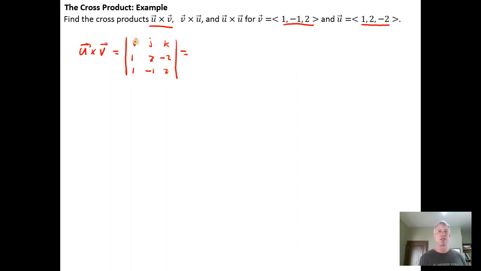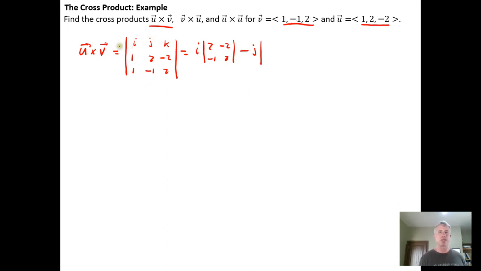So we get i times, and then we take this little determinant right here, 2, negative 1, negative 2, 2, and then we do minus, and it's going to be minus j times the determinant.